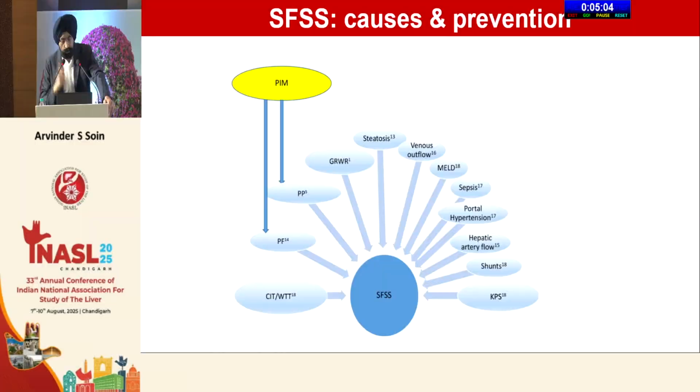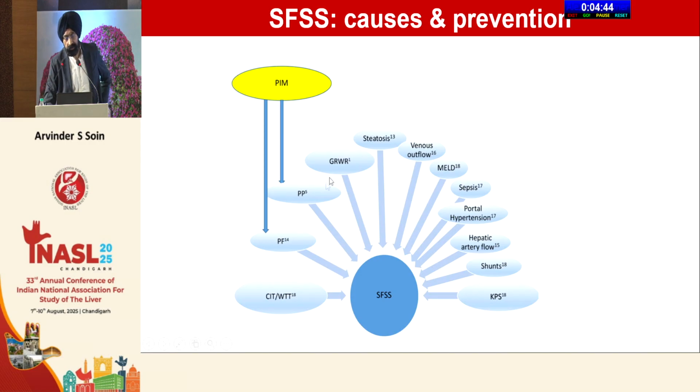Now, small for size syndrome is a syndrome. It could happen because of many reasons. It basically means that the functional volume of the transplanted liver is too low for what the recipient needs. So it could happen with ischemia times being prolonged.